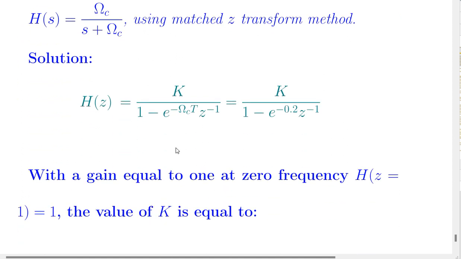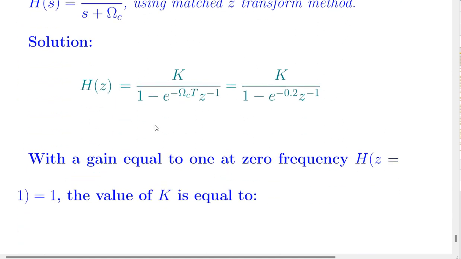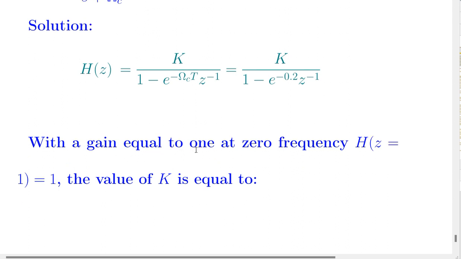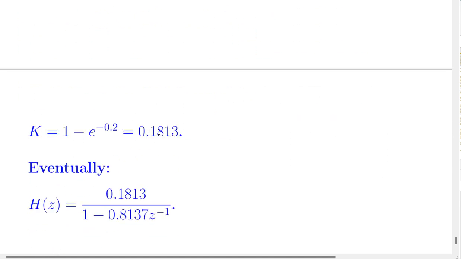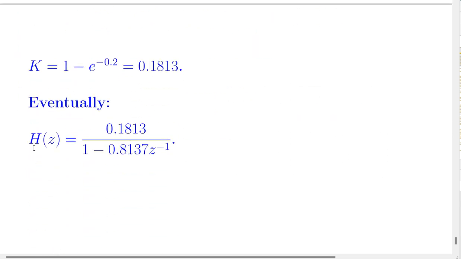Here you see what we need to write, okay? With a gain equal to 1 at zero frequency, the value of K is equal to 0.1813. Eventually, H of z will be equal to 0.1813 over 1 minus 0.8131 z to the power of minus 1.